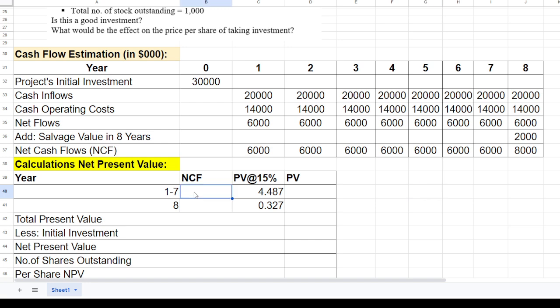For years 1 to 7 our cash flow is 6,000, okay, and this is not in thousand figure, okay? Then next, in year 8 we have 8,000, okay?